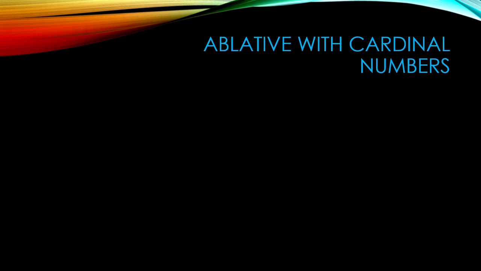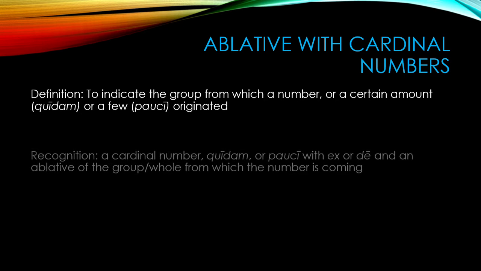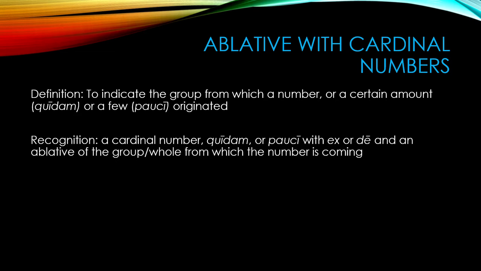Another noun construction introduced in this chapter is the ablative with cardinal numbers. It is kind of like the partitive genitive, but with numbers. It's used to indicate the group from which the number, a certain amount, or a few originated. It is easy to recognize. It is a cardinal number, quidam or pauci, with ex or de and an ablative of the group from which these entities are coming.